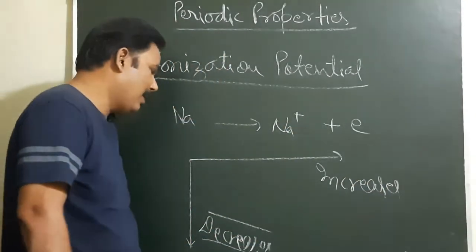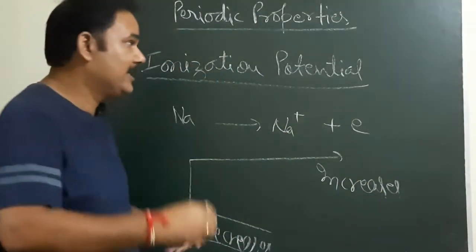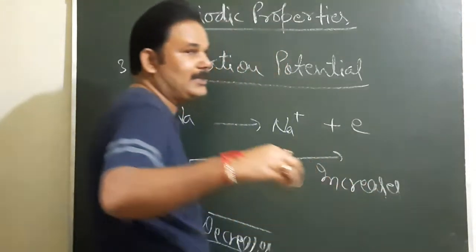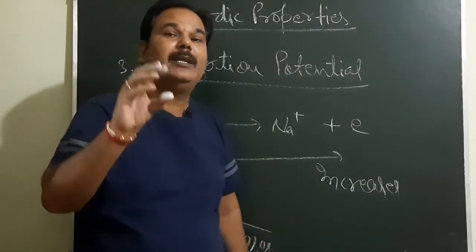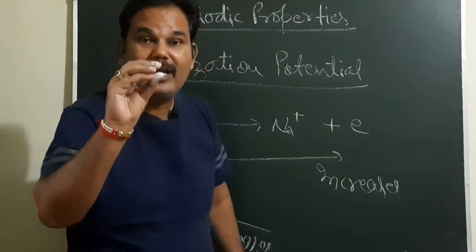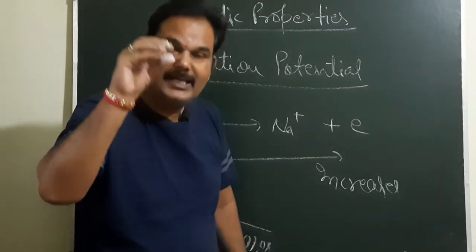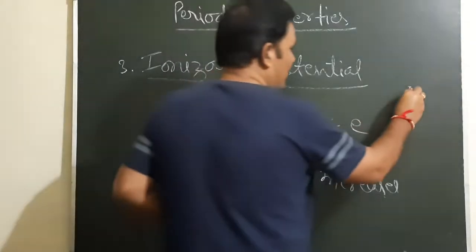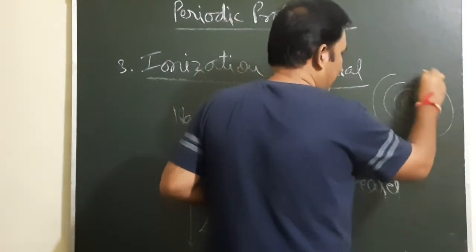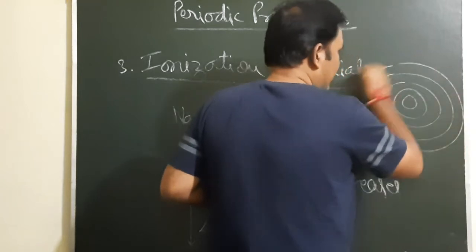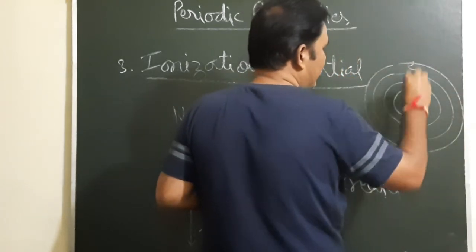And from top to bottom, the number of shells increases, 2, 3, 4, 5, whatever is there. If more shells are there, there is less force of attraction between the nucleus and the outermost shell. Suppose this is the situation: the electron is there and this is the nucleus.